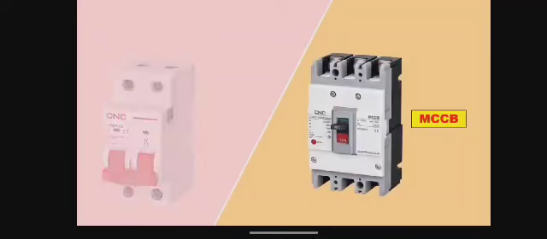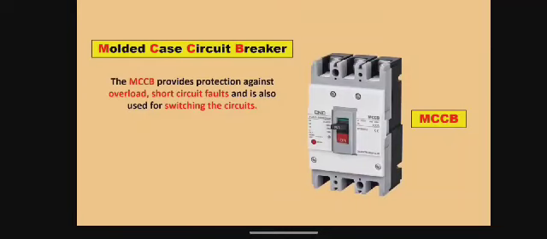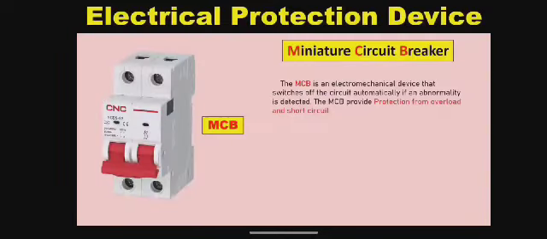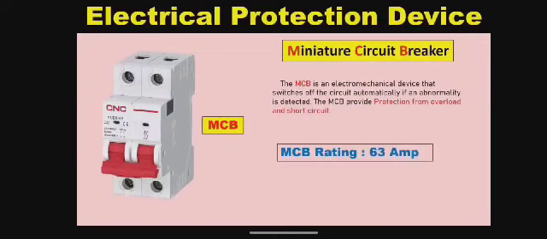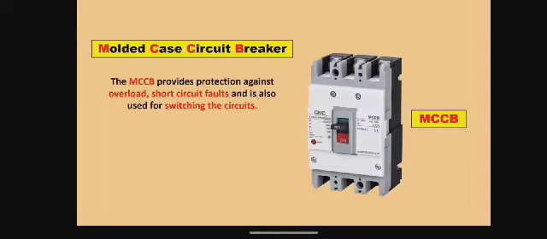After this, the next device is MCCB. The full form of MCCB is molded case circuit breaker. Friends, if you are going to buy an MCB, you can buy a maximum of 63 ampere rating MCB. These days you can find a 100 ampere rating MCB also, but before, only up to 63 ampere rating MCBs were available in the market. Now if you want a protection device of even higher rating, then you have to buy an MCCB. An MCCB also provides protection from overload and short circuit.